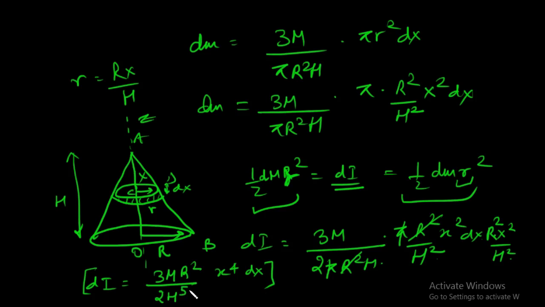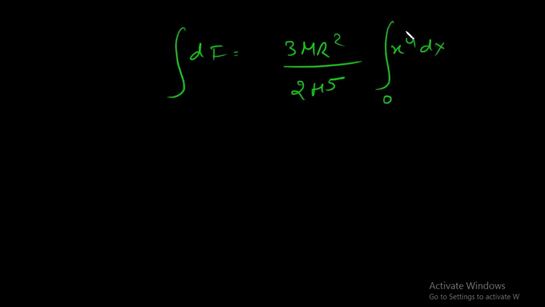dI is 3m R square by 2h to the power 5 times x to the power 4 dx. Now we will just have to integrate this, and during integration x will go from 0 to h, since we are taking the cone and the disk is at a distance x from the point A. So we integrate this, 0 to h on the right and 0 to I on the left.